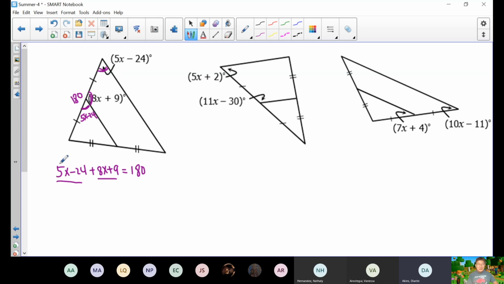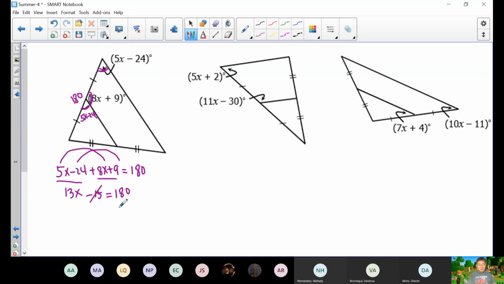Okay. So combine like terms. No, not 8. Combine like terms is what? 13x. 15 and 180, right?